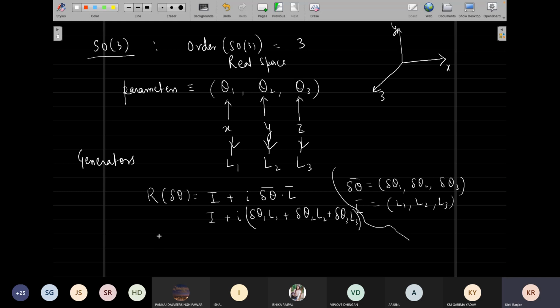So if I want to write my R theta, what will it be? E raised to i theta dot L, and I can of course explicitly write it, just so that you remember, theta 1 L1 plus theta 2 L2 plus theta 3 L3. So it is the extension of what we have done.